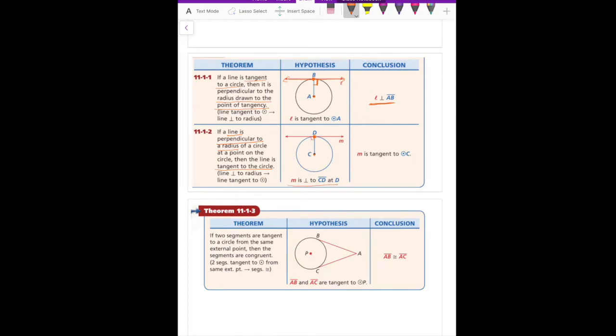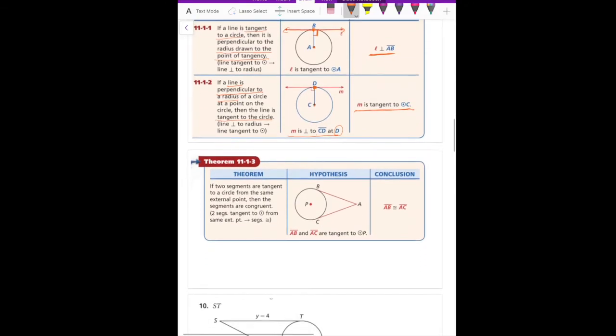If line M is perpendicular to segment CD at D, then line M is tangent to circle C. So those are the two theorems.